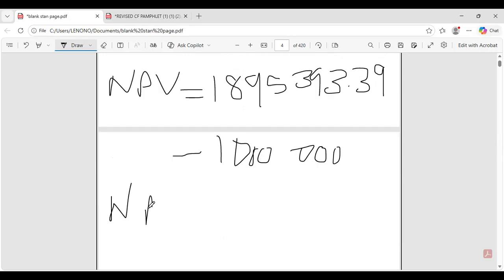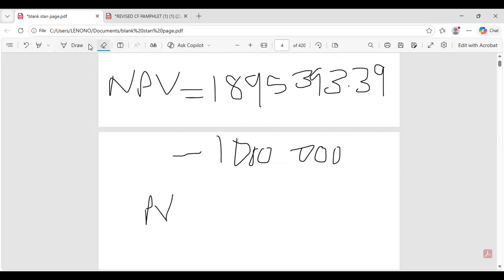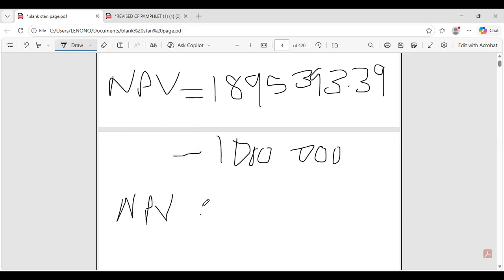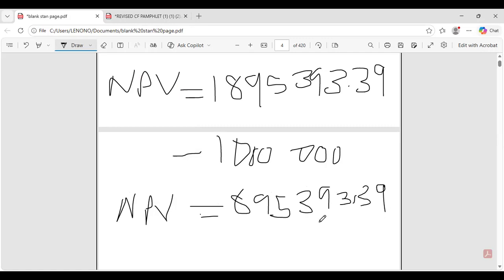So this is the shortcut, because it was an annuity, it was the same amount. So it is giving us 895,393.39. Okay, are we together? Yes, sir, we are.